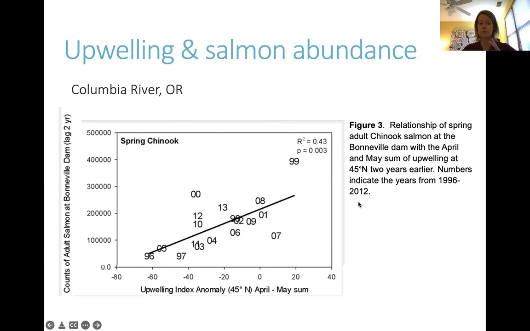That's the first question. And the second question on the assignment deals with this 2 years earlier idea. So why are they looking at upwelling from 2 years prior? That's the second question, something to think about. The only additional thing I'll say here on the x-axis, since it's not super clear, this upwelling index anomaly, just think of that as the numbers get bigger and there's more upwelling, okay?